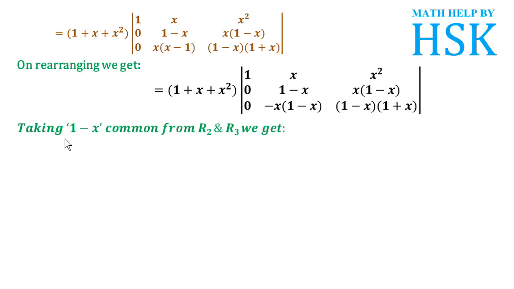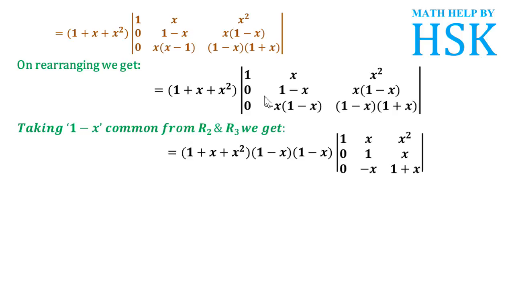So on taking 1 minus x common from the second and the third row, the value is equal to 1 plus x plus x square into 1 minus x into 1 minus x. And the determinant left would be 1, 0, 0, first column as it is. The second column would be x, 1 minus x, x square, x, 1 plus x.